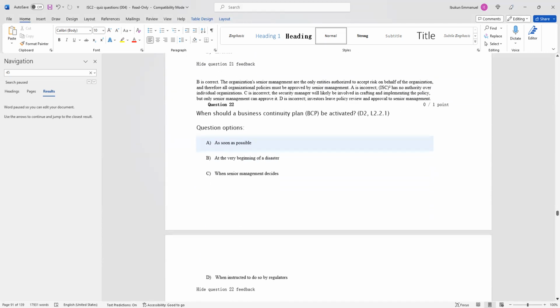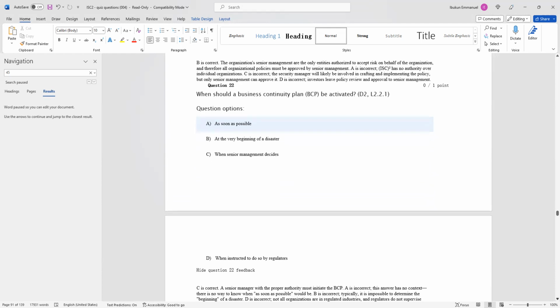When should a business continuity plan be activated? So that must be activated by a senior manager, who would most likely be the incident response manager, or the person that the incident response manager would need to speak to, to say, okay, we're experiencing this, what should we do?